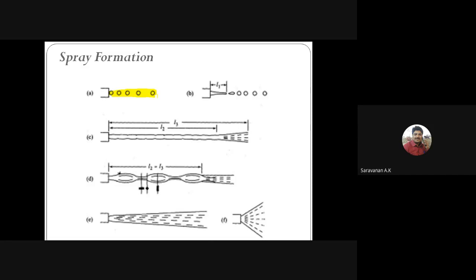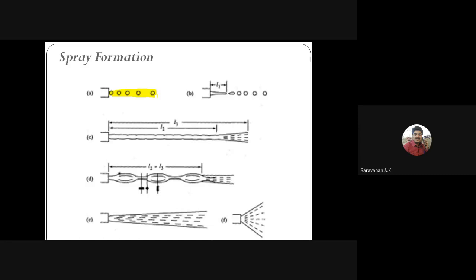Then as the pressure difference increases, we can get another type of formation. The spray stream of the fuel emerges from the nozzle.